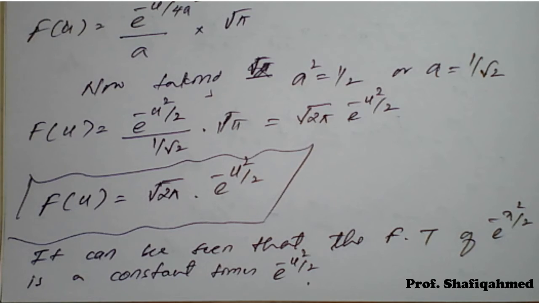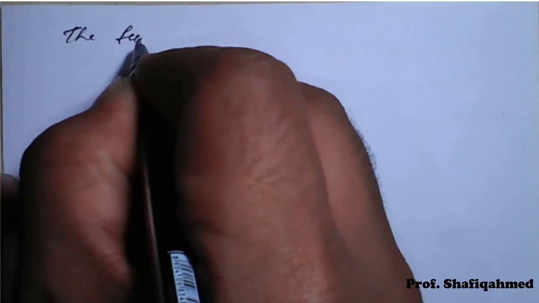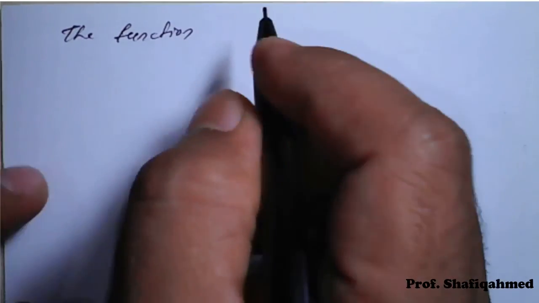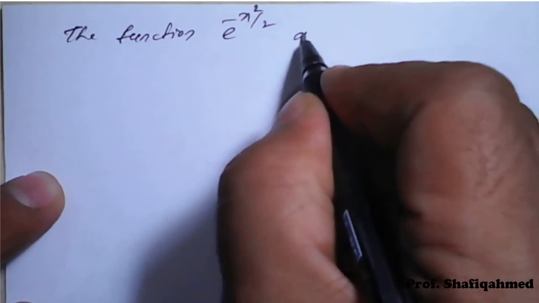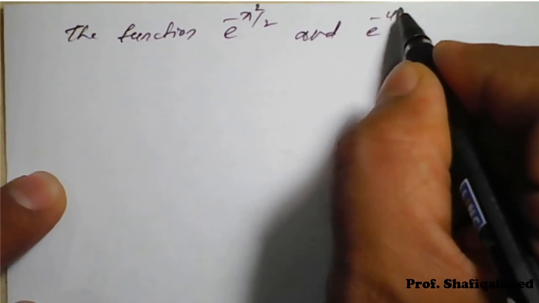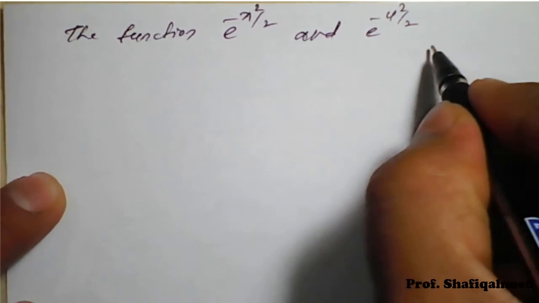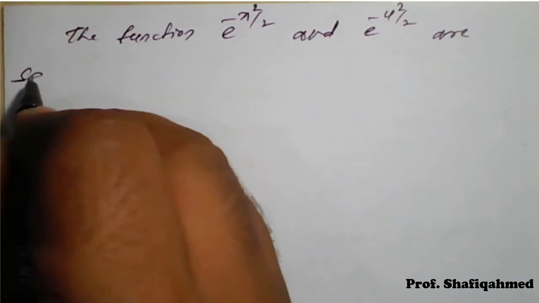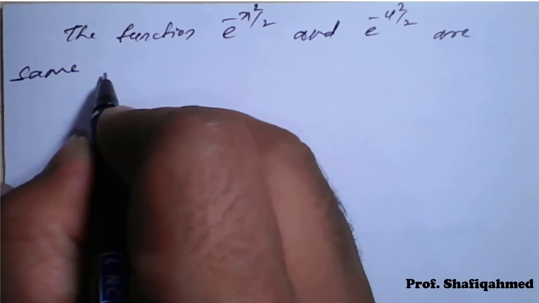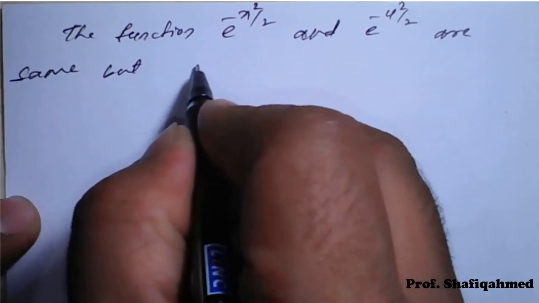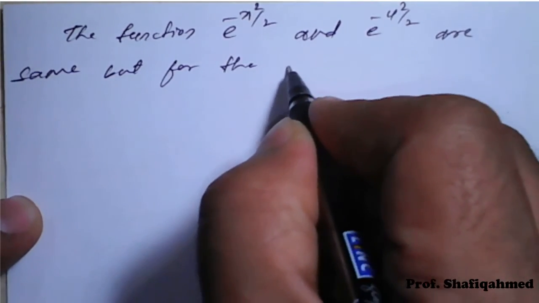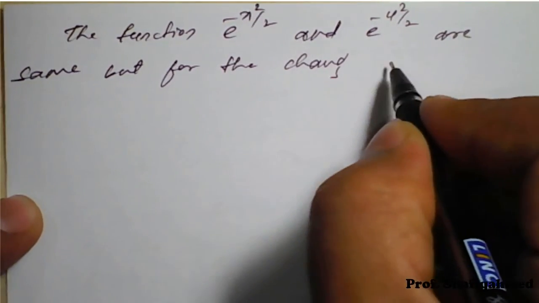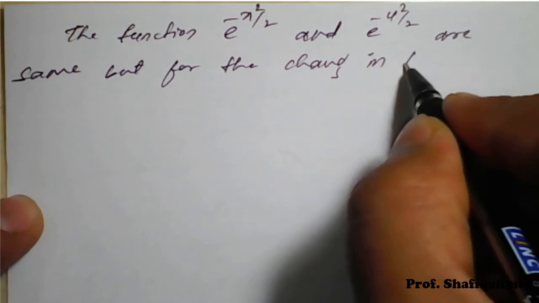The functions e raised to minus x square by 2 and e raised to minus u square by 2 are the same, but for the change in the variable.